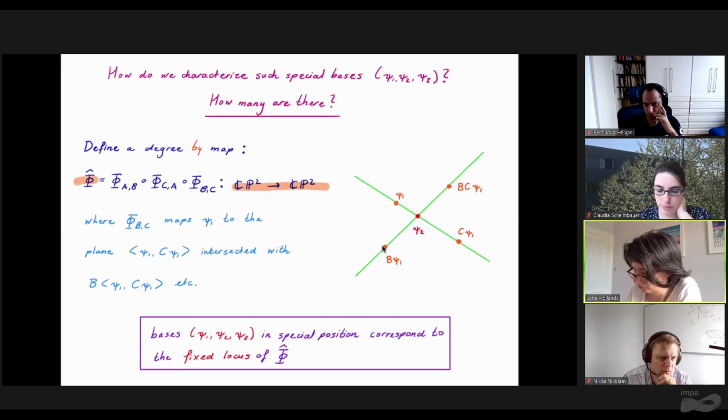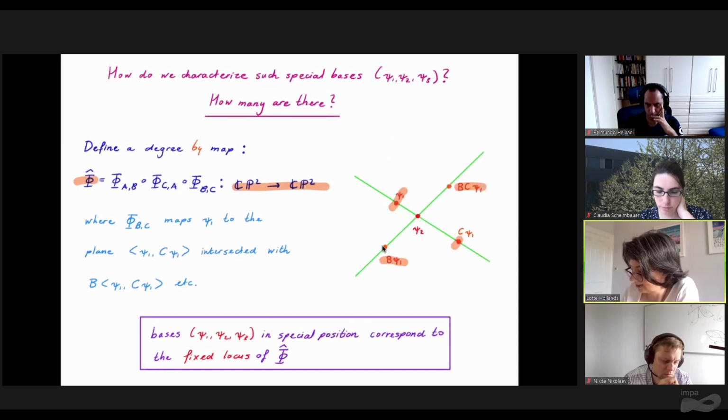One of these maps, phi b, c, is defined by starting out with just any basis with an element psi1, and mapping that to the plane, which in projective space is a line, which is spanned by psi1 and c times psi1, and then intersecting it with a plane in projective space, which is spanned by b times psi1 and bc times psi1.